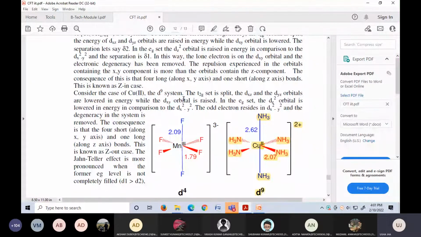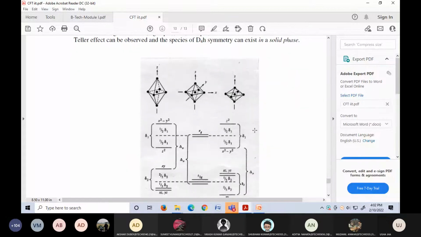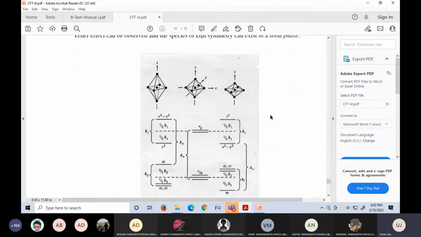A D9 system means that you have all the electrons: dxy, dyz, dxz, 2, 2, 2, and in dx squared minus y squared and dz squared. Let us say there are 2 electrons in dz squared. Let us assume that 2 electrons are present in dz squared and 1 electron is present in dx squared minus y squared.